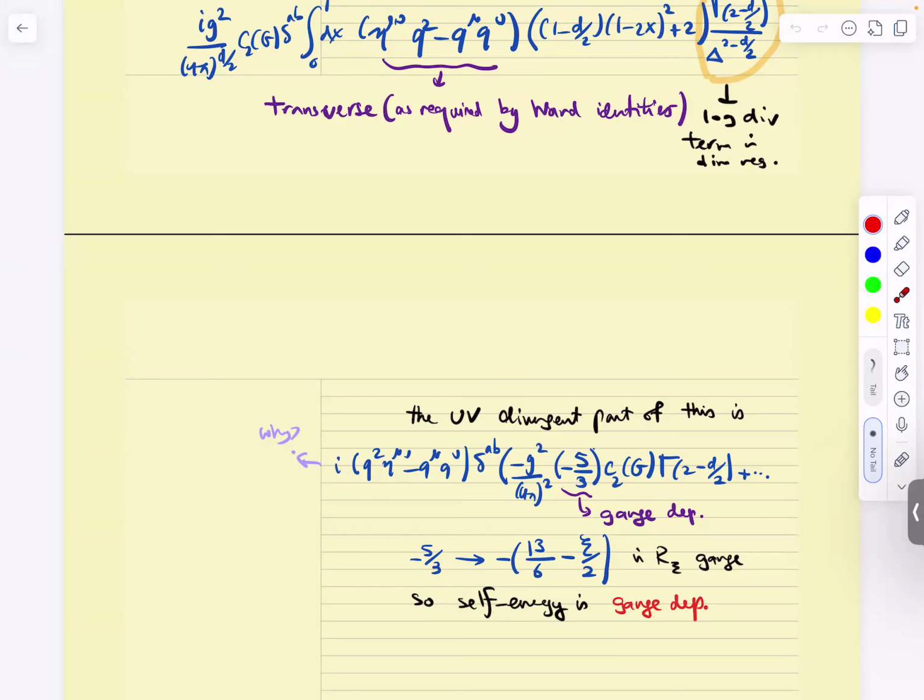What we did so far today is we looked at these terms. We extracted out, we saw two types of divergences. One where there were poles at d equal 2. We said those are highly unphysical. They're offensive. Why are they offensive? Do you remember how we argued in QED they are horrible? They give mass to the gauge boson.